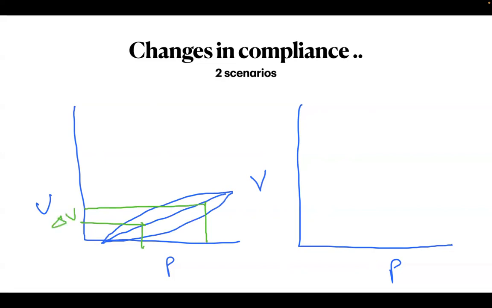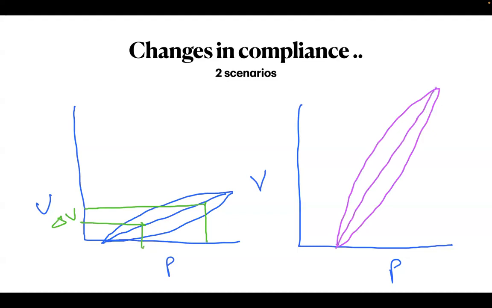Now, suppose you realize that this lung is not good, you have given surfactant, you have maybe recruited more alveoli and so on, and done certain maneuvers, then this particular graph is going to look like this. Now if you look at the slope, you will find for the same delta P, from point A to point B, the volume change that you have created is much larger.